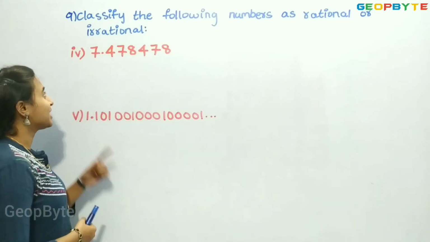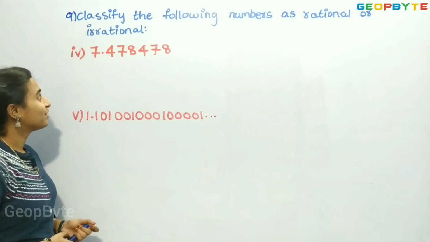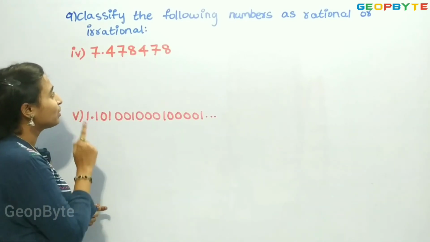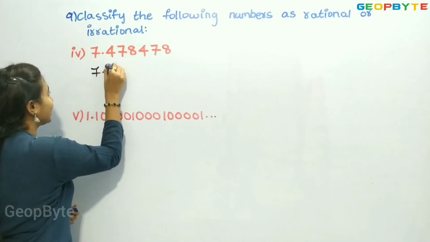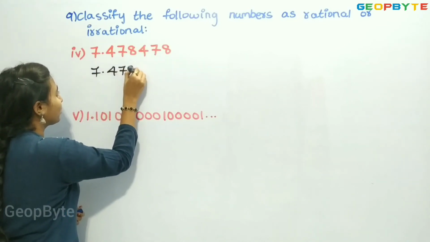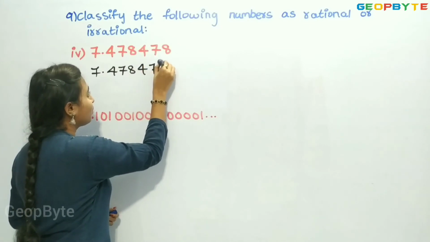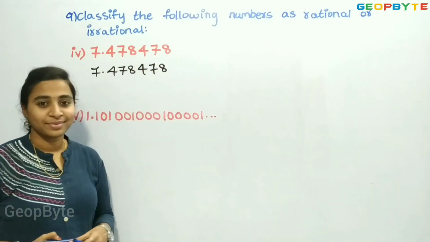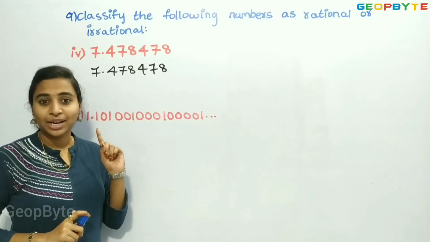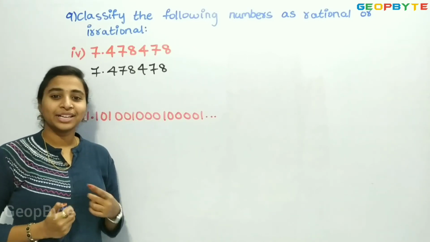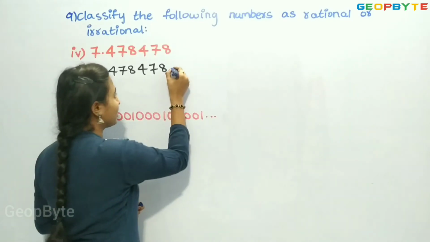Now let us see the fourth question. We have 7.478478. Now if you see, this is a non-terminating but repeating decimal expansion.